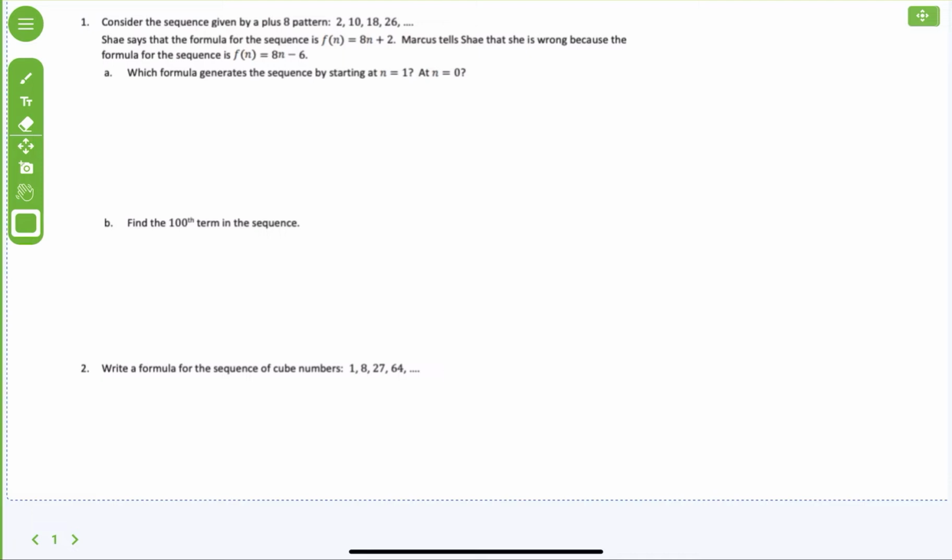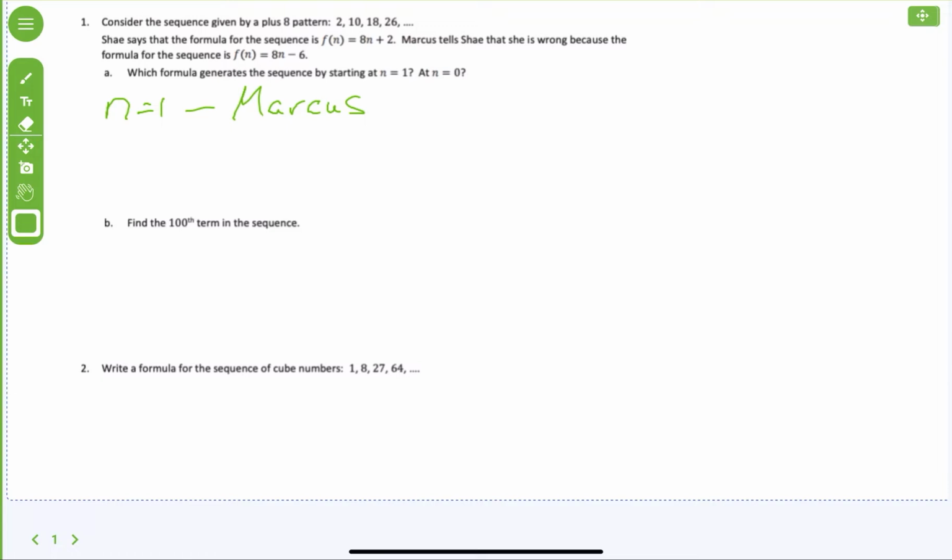What if I was to plug in 1 for Marcus's? It says 8 times 1 minus 6 is 2. So n equals 1, this would be for Marcus, right? Because that gave us 2.